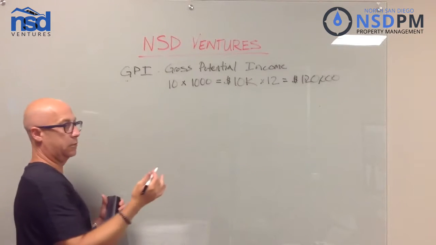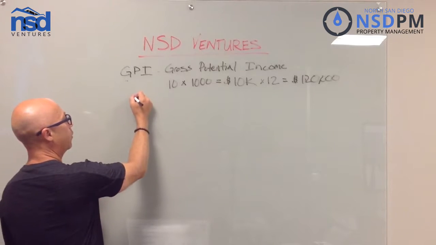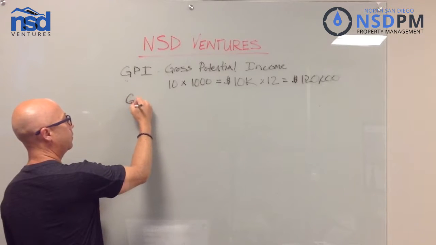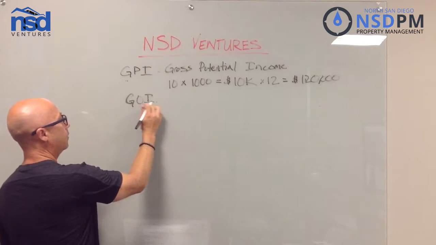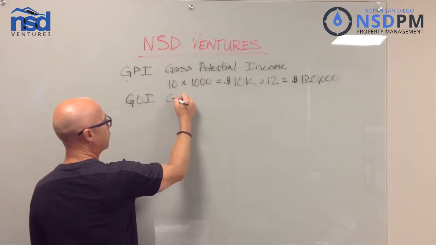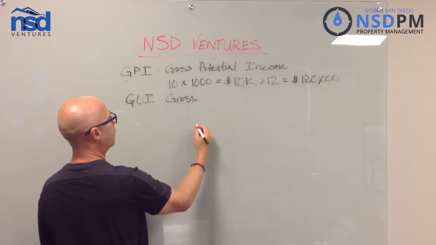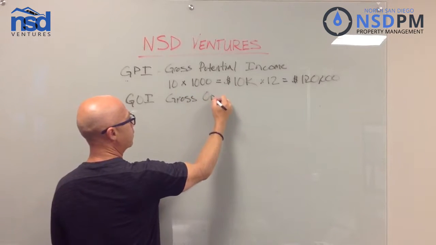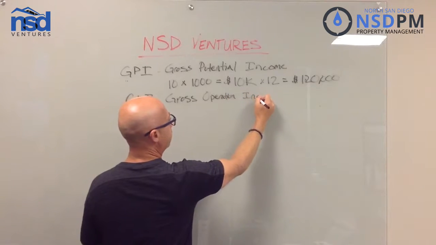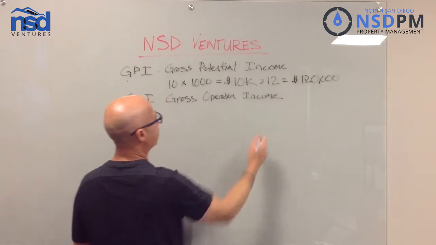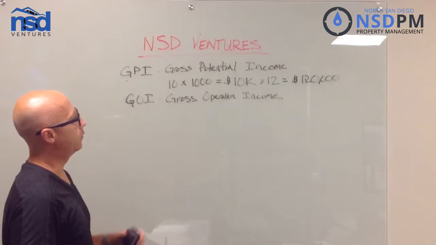Now, let's get into our GOI, right? You can see this around, GOI. Gross operating income. Right? GOI. So what is that?